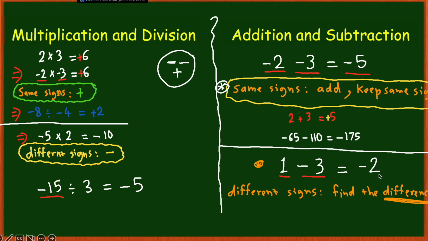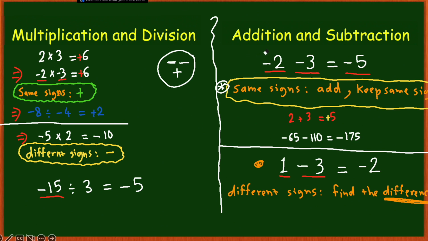All right? So whenever we have different signs, we first determine the sign of the answer depending on which one is bigger. 3 is greater than 1, and its sign is negative, so the answer will have a negative sign. Secondly, what's going to be the answer? It's just the difference between the two numbers.